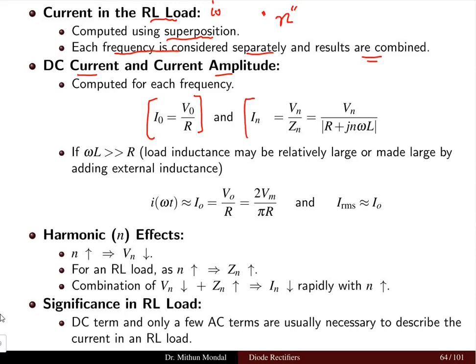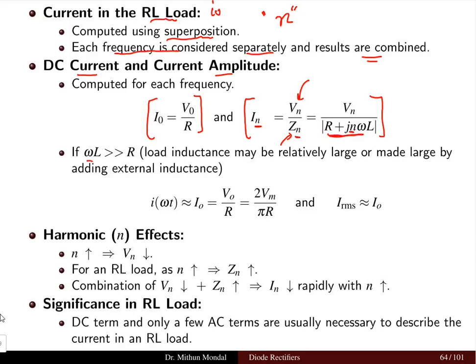But the harmonic current In, because this is the frequency component with order n, can be found by Vn by Zn, where Zn is the impedance R plus j n omega L, multiplied by the order of the harmonics.